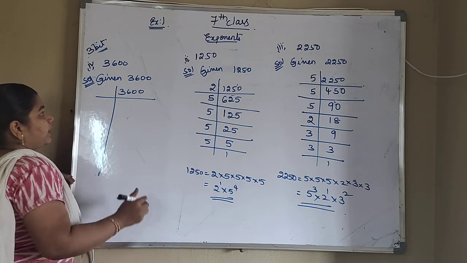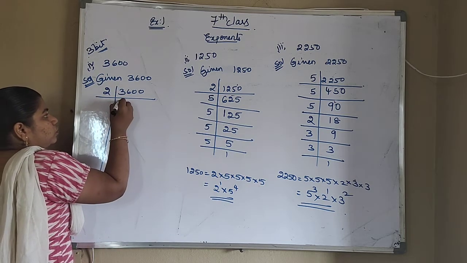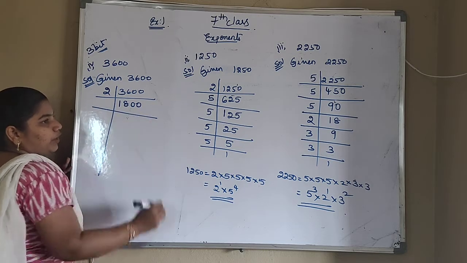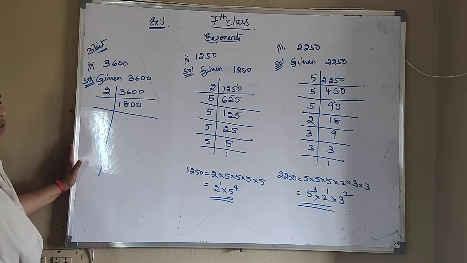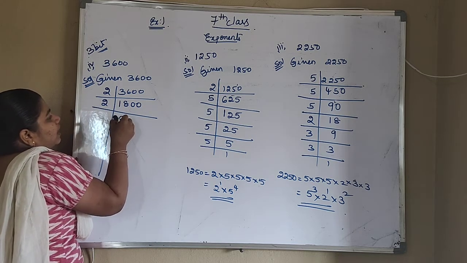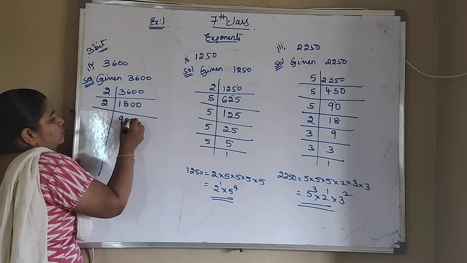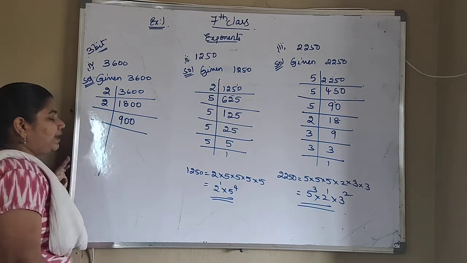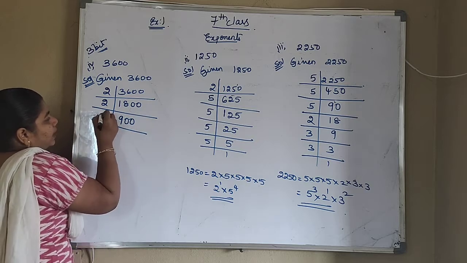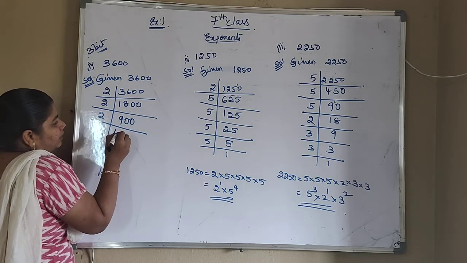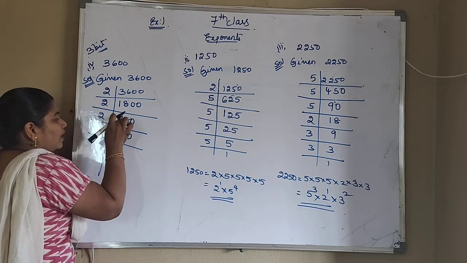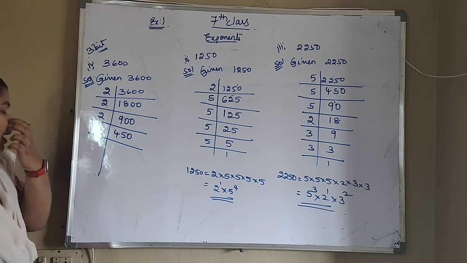So first I am taking 2 table. 2 1s are 2, 2 8s are 16, 2 0s are 0, 2 0s are 0. That is 2 1800s is 3600. Okay, now again in 2 table, 2 9s are 18, 2 zeros are 0, 2 zeros are 0. That is 2 900s is 1800. So it will go in 2 table again. 2 4s are 8, 2 5s are 10, 2 zeros are 0. That is 2 450s is 900.